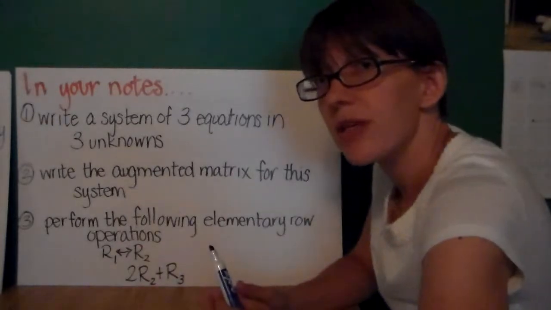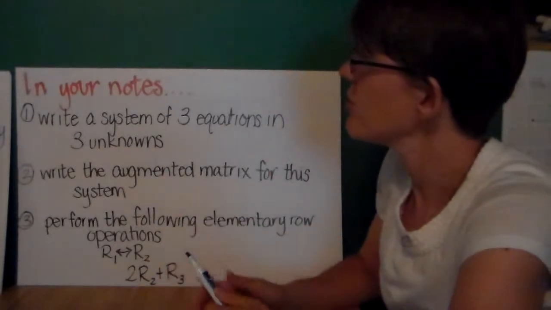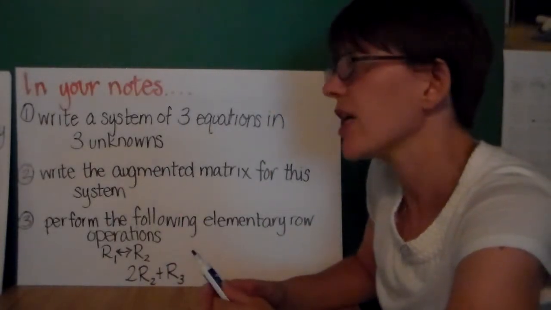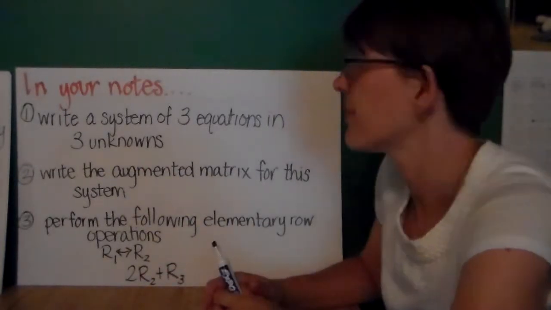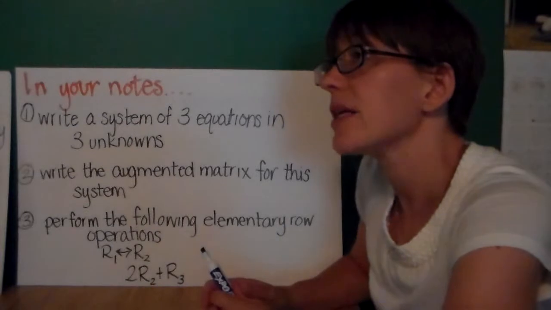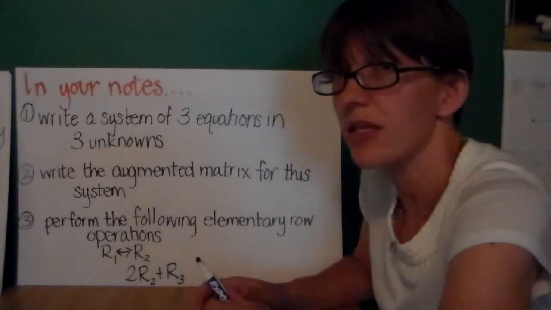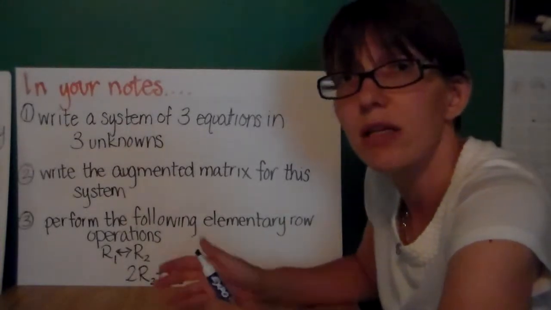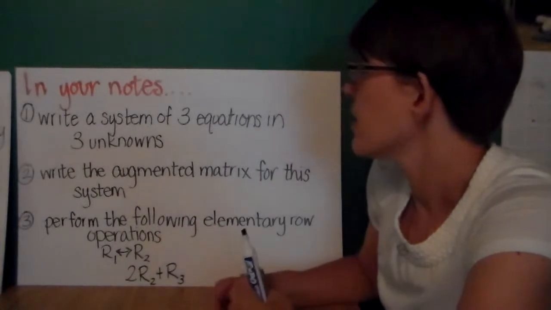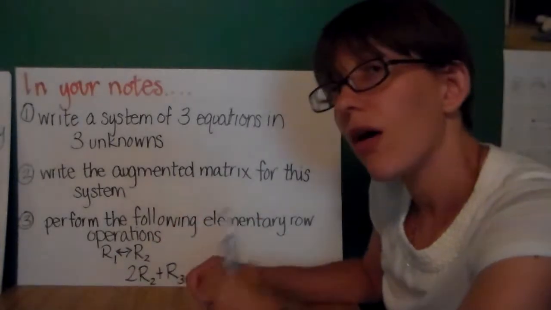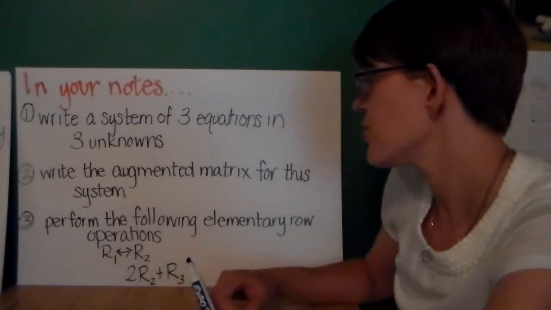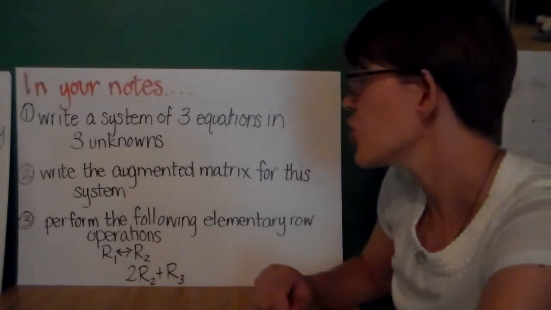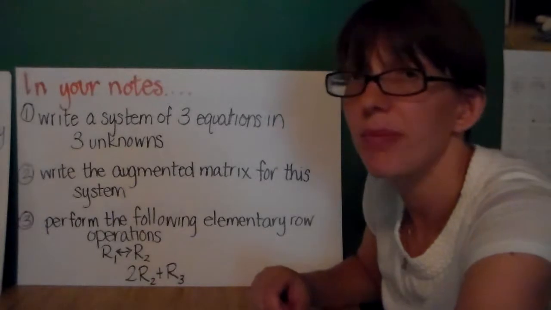So in your notes before class, I want you to write a system of 3 equations and 3 unknowns. Don't worry, we're not going to solve it. I want you to write the augmented matrix for this system. If you need to rewind the video and see what to do, that's great. Then, on that augmented matrix, I want you to perform the following 2 elementary row operations.